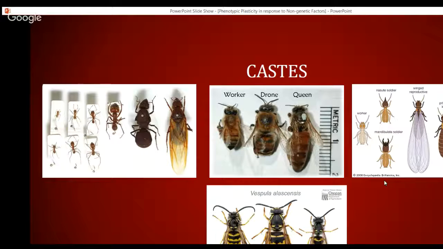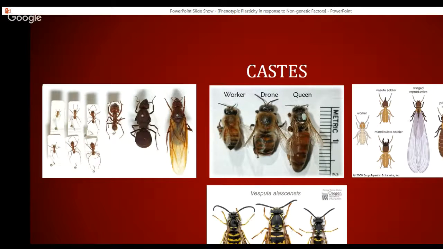And here we see that there are several groups. So we find the ants on the upper left, and those are all the castes within this particular group of ants. You can see that there's a great variation in size and shape, but they're all the same species. Same with the middle, which is the honeybees.